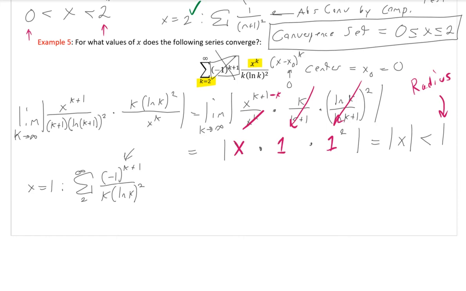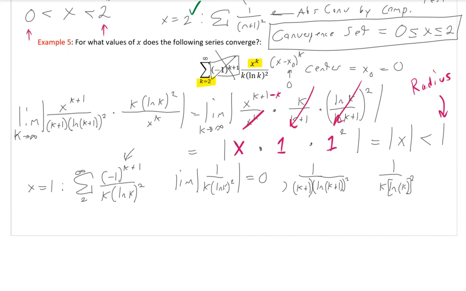If we do the alternating series, all we need to do is consider the limits. So the limit of 1 over k times natural log of k squared, that's definitely going to 0. So that's easy peasy. And then if we consider successive terms, 1 over k plus 1 and natural log of k plus 1 squared, if I compare that to the original, 1 over k times natural log of k quantity squared.